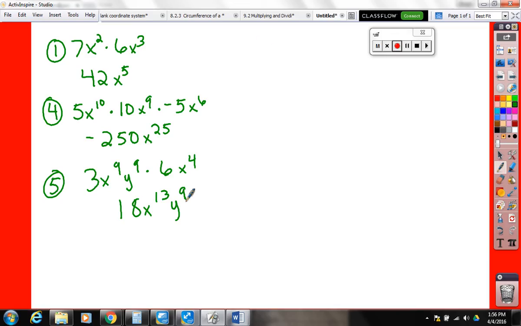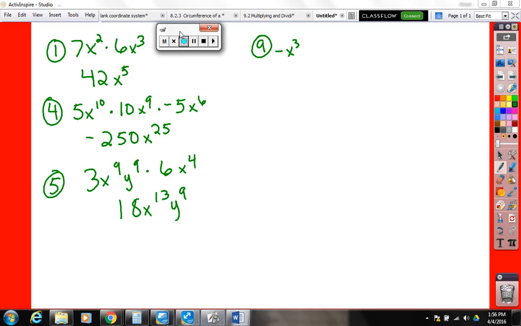Do number 9. Negative x to the third, y to the fourth, z squared, times 3xy to the fourth, z to the third. Okay, wait, it's not gonna be negative negative x.